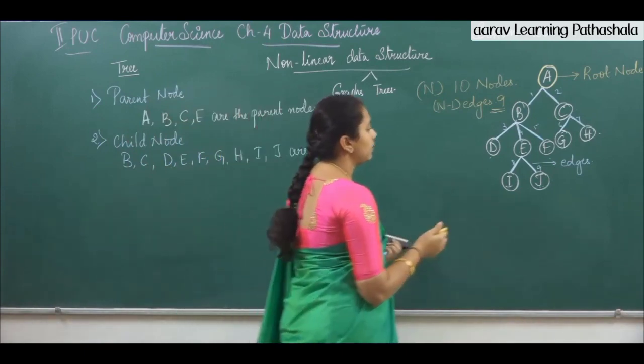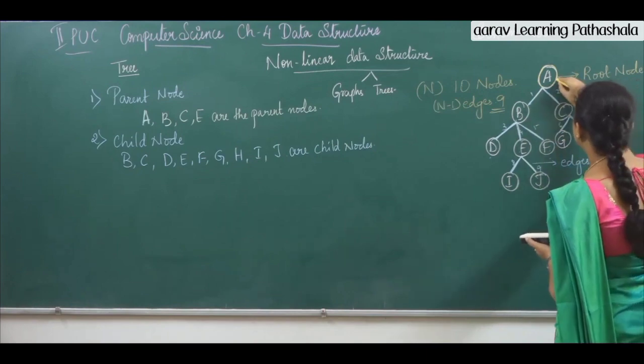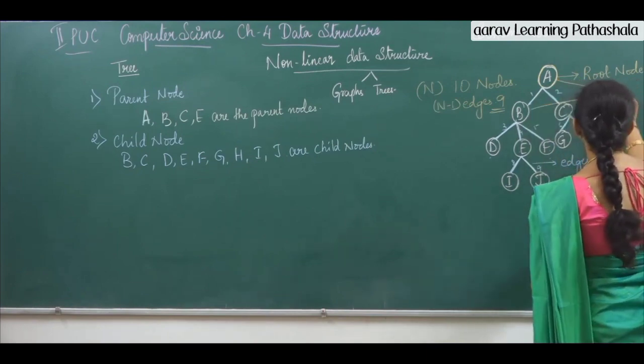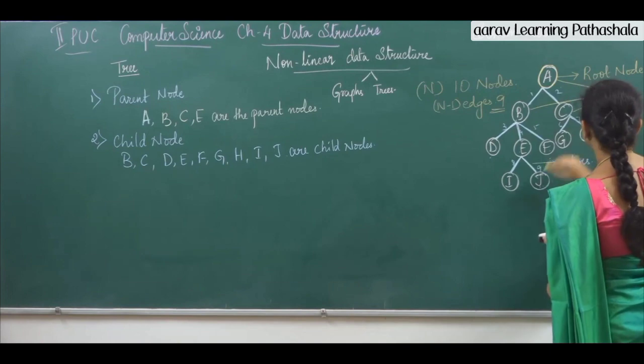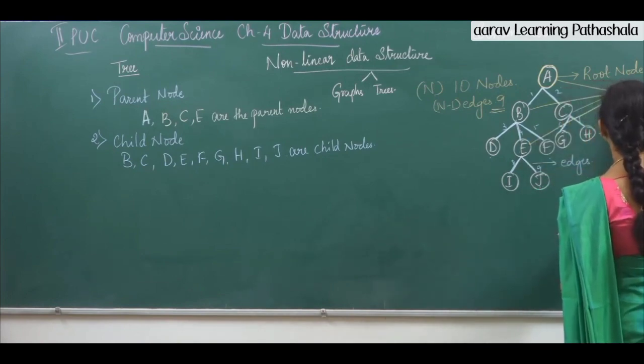So here the parent nodes are A, B, C and E.